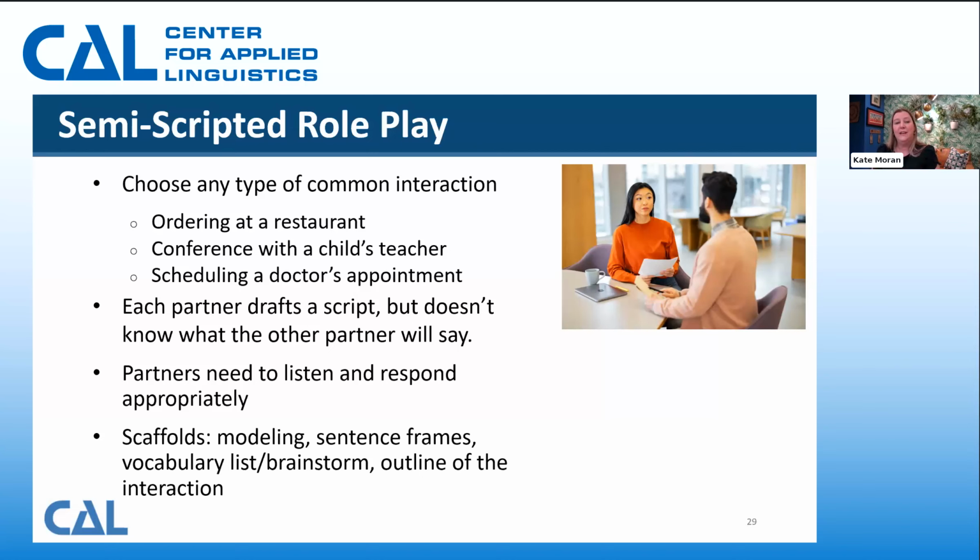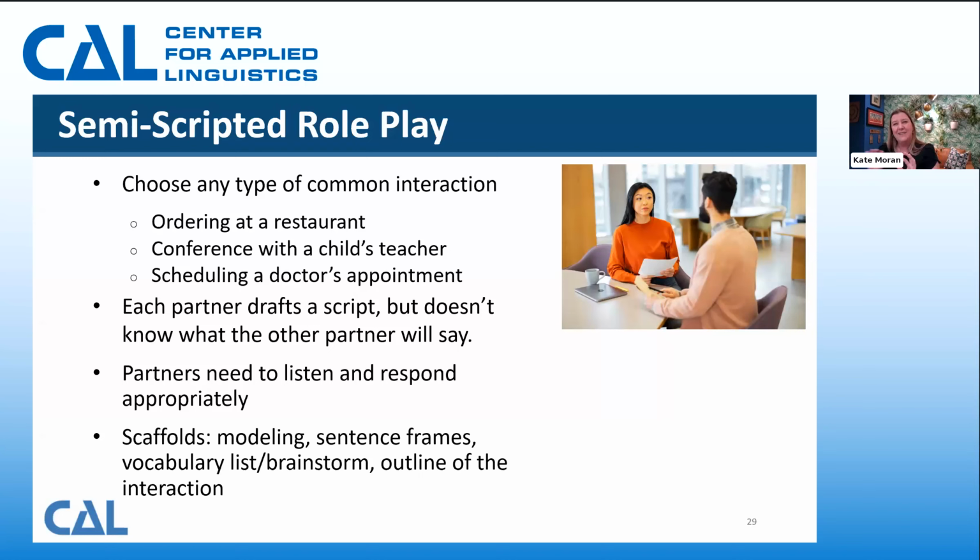So while they're writing, it is really important to make sure we're providing supports as teachers. You could start by explaining the scenario that they're going to be writing the role play about, and then brainstorm as a class a list of vocabulary that you put on the board that they might need that would come up in the role play.